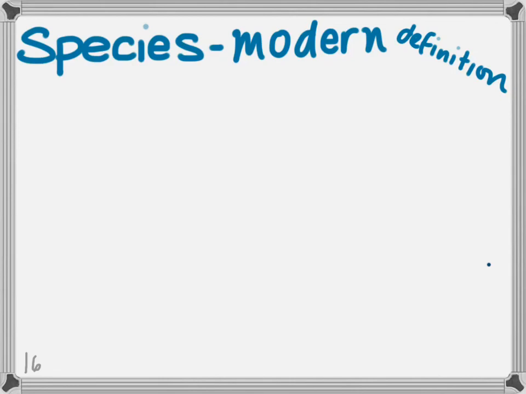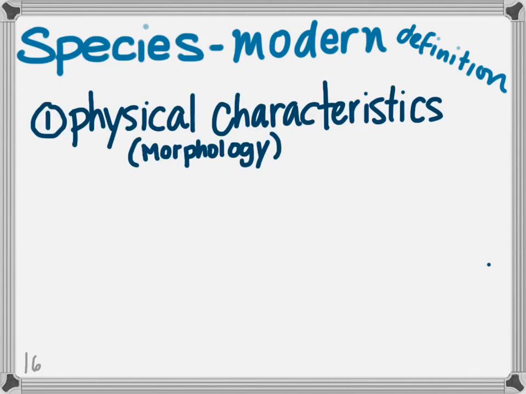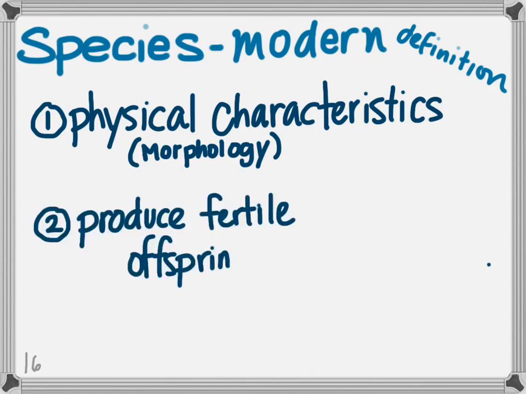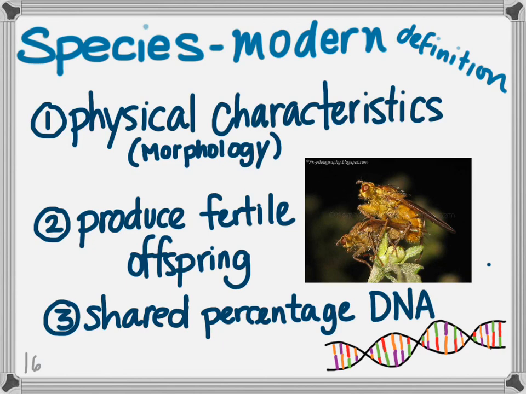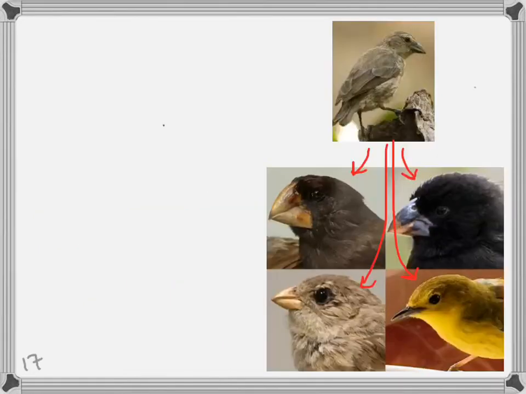Biologists now define a species using a little bit of each of the old criteria, physical characteristics, and the ability to produce fertile offspring. And now added to the definition is sharing some percentage of DNA, usually including specific genes. After a period of isolation, at some point, there may be enough differences between the two groups or populations, or four, that we can no longer count them as one species.